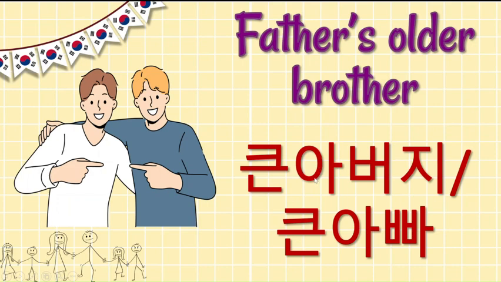Obviously you can understand it: big father means someone who is older than your father. It is very simple. You just have to focus on the concept. These words are very simple to learn, you just need to find the logic behind them. So father's older brother is 큰아버지 or 큰아빠.